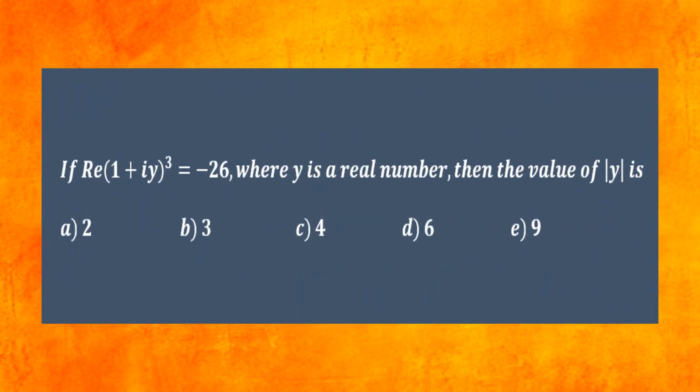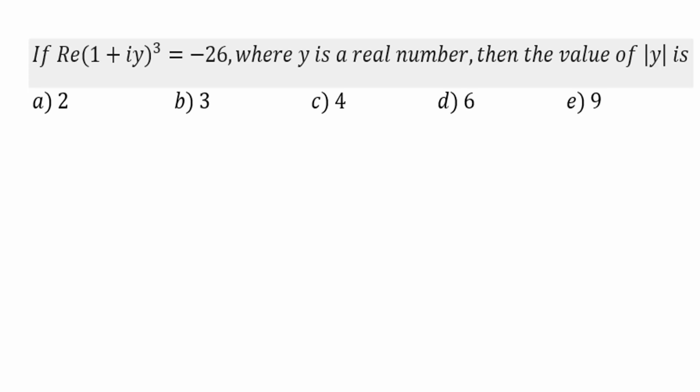Next question. If the real part of the complex number (1 plus iy) the whole cube equal to minus 26, where y is a real number, then the value of mod y is: choices 2, 3, 4, 6 and 9. Here given real part of (1 plus iy) the whole cube equal to minus 26.